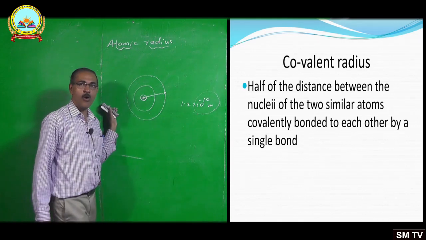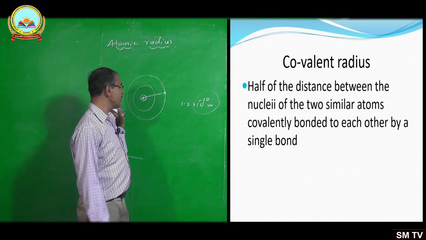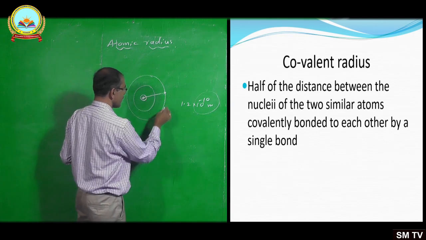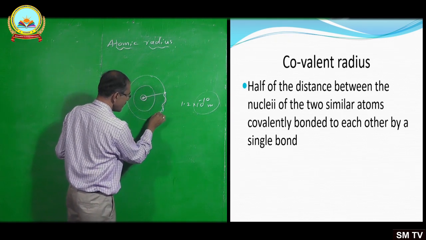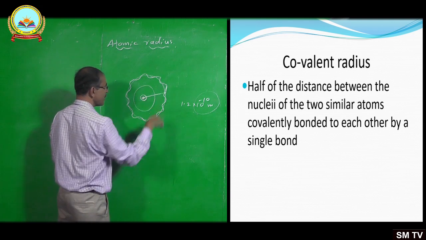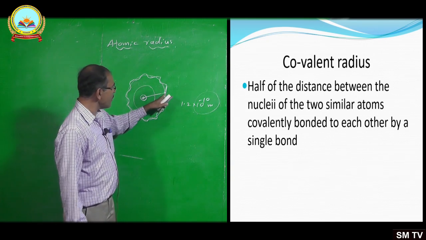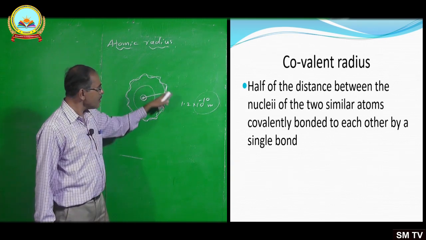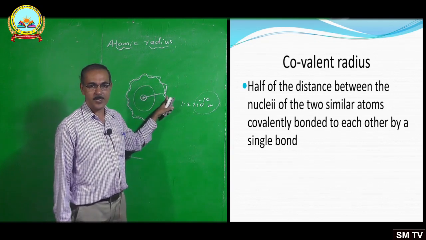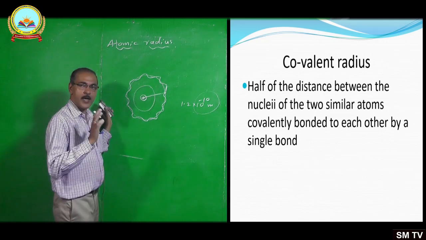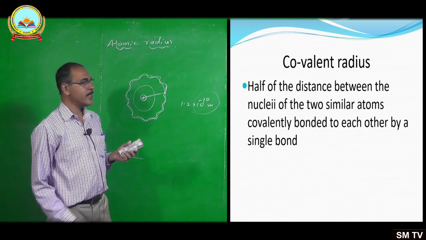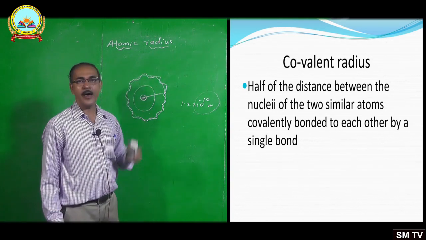Due to the wave character, the electrons move around, and there is no clear boundary for the electron cloud. Understood? There is no clear boundary for the electron cloud. That is the reason we cannot find out the atomic radius.